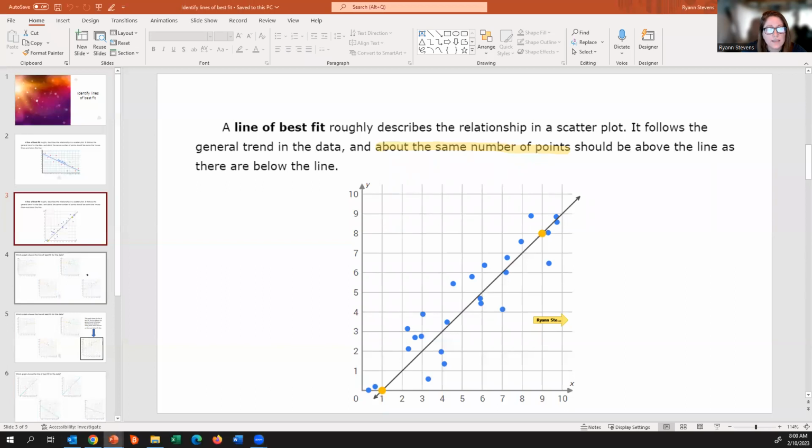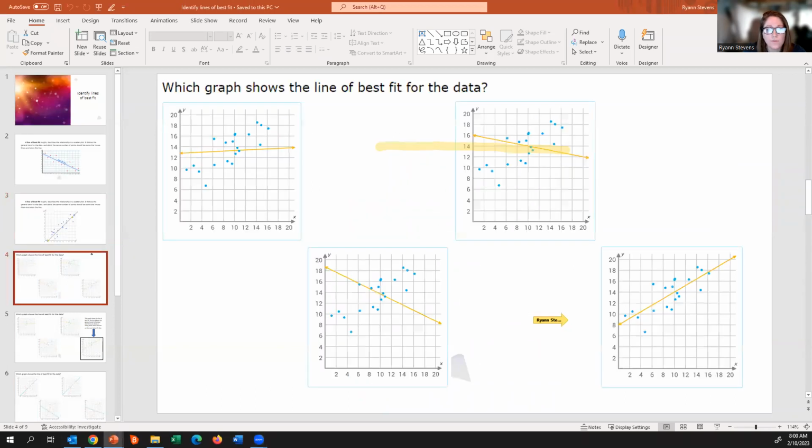So when we look at some examples, we're going to see a couple of different examples that are showing the same set of data, but different lines of best fit, and we want to pick the best one, okay? So when you look at this first one over here, we can see that the line in yellow is supposed to be our line of best fit, and it doesn't really seem to follow the trend in the data.